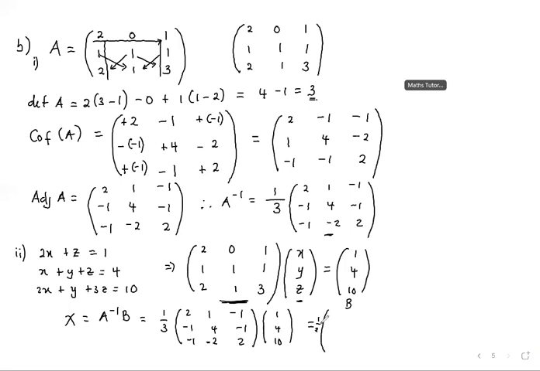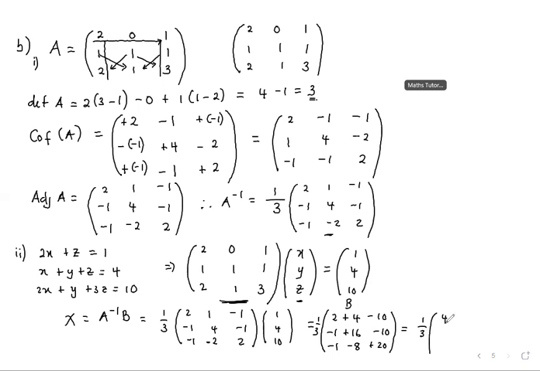This multiplication here gives this matrix. You can keep 1 over 3 in the meantime, then 2 by 1, you get 2 plus 4 minus 10. And then you get -1 plus 16 minus 10. Then you get -1 minus 8 plus 20. This is 1 over 3. Open: 6 minus 10, that is 4.